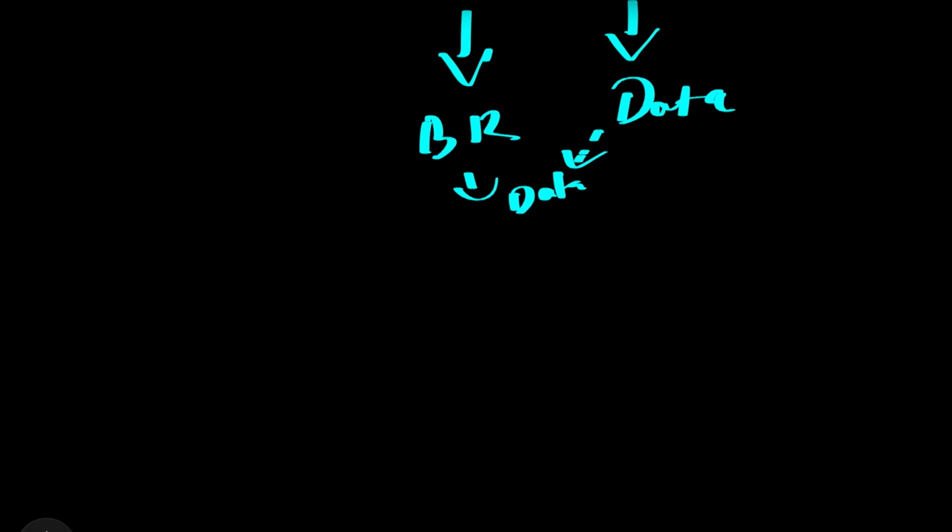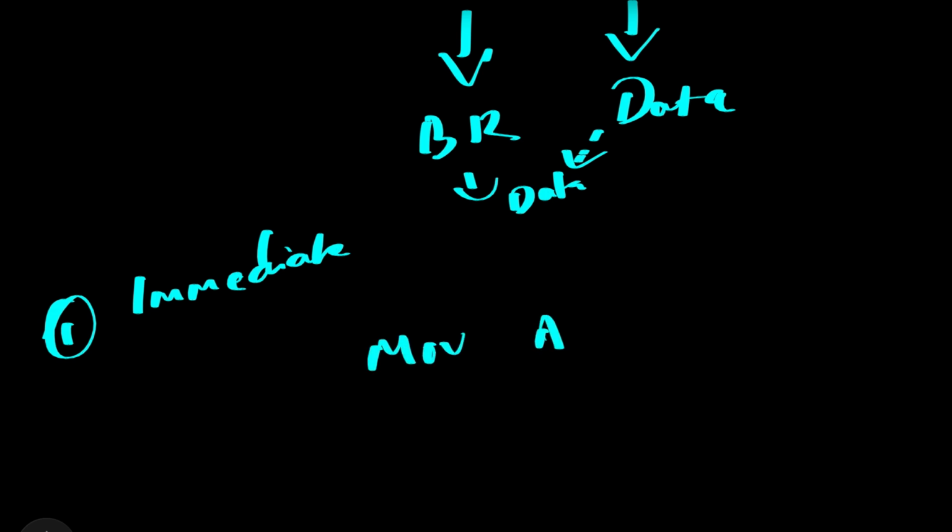Now coming back to the memory addressing modes. First, we said it's immediate. Above we have already seen the immediate addressing mode example, MOV AL, 05, where the data is directly moved to the register.